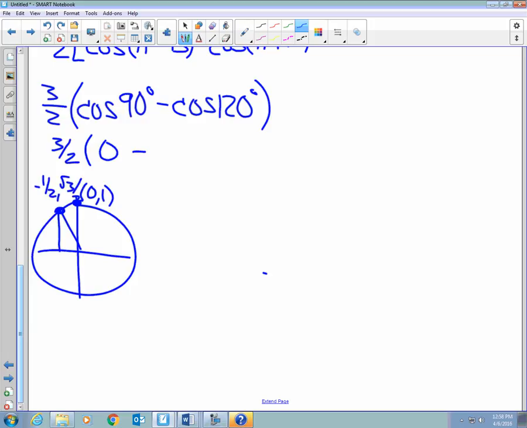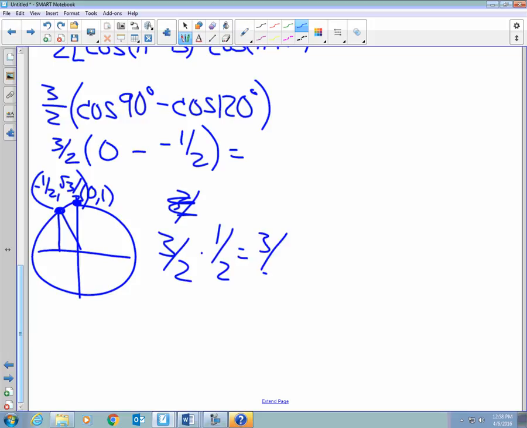You guys know how to do that because you're super smart. And so what's the exact value of cosine 120? -1/2. So you end up with 3/2 times 1/2, which is equal to 3/4.